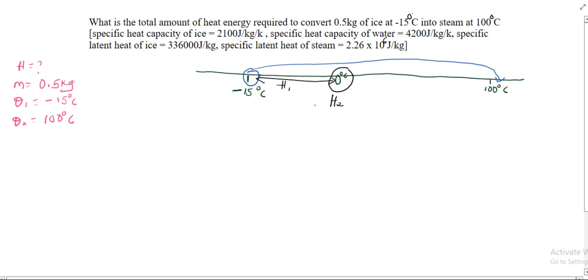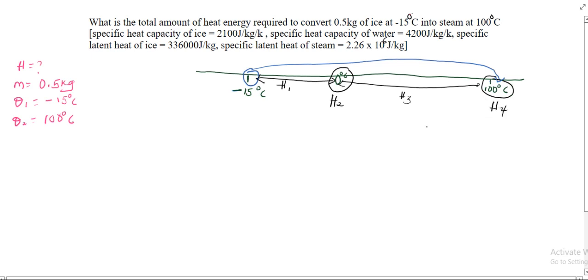Thirdly, we'll take it from 0 up till 100, that's our heat energy 3. Then lastly, we will vaporize the water at 100 into steam at 100, so we have our energy 4.